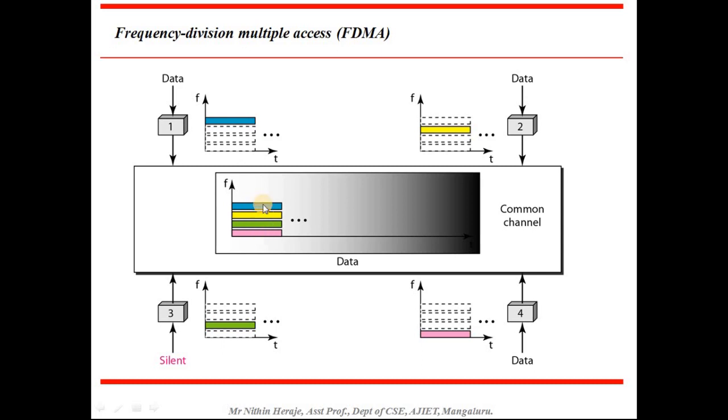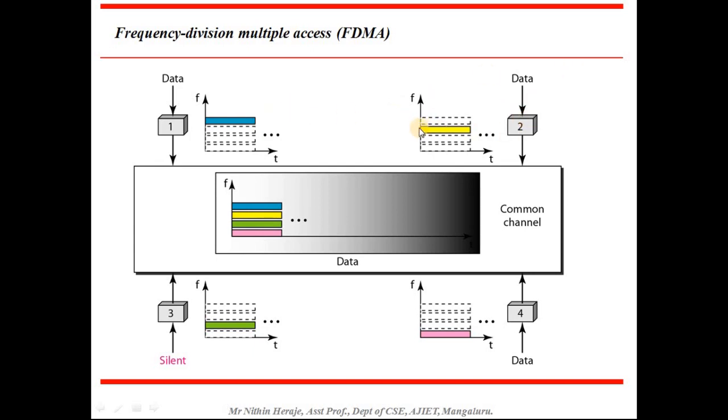Okay, so if you look at station 1 is allocated with this blue color band. Okay, and this is the frequency range for station 1, which is identified by the filter to transmit the data.